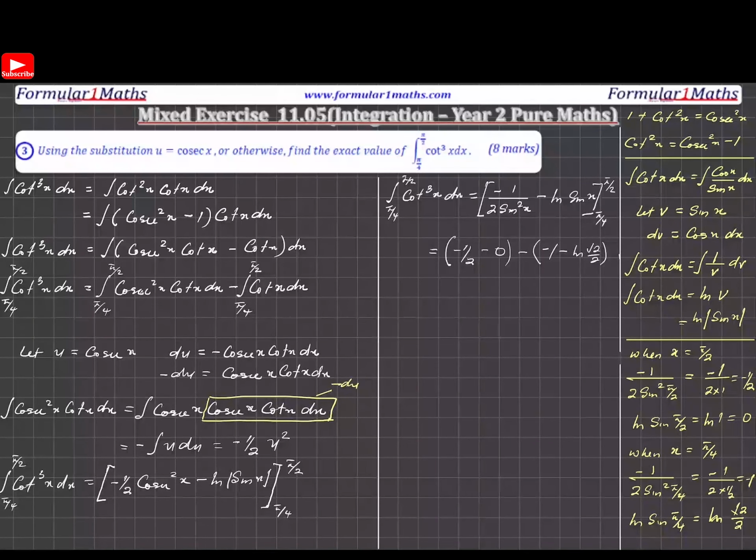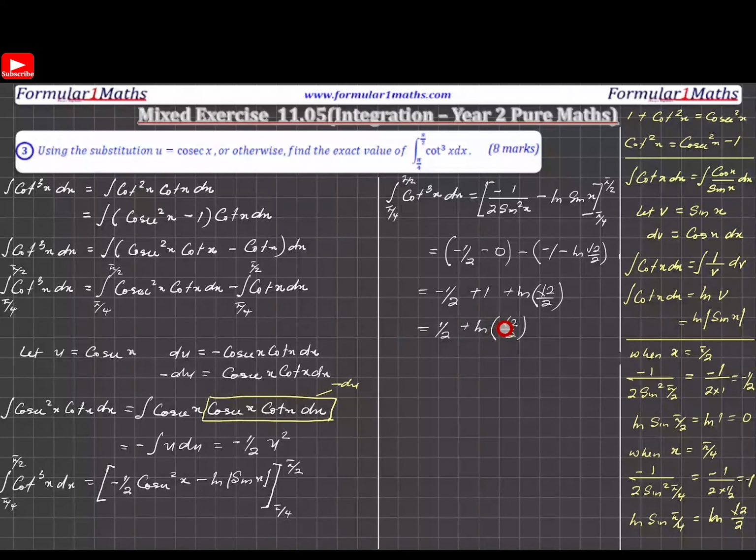So now I'm going to simplify that, and I'm going to get minus a half plus 1 plus ln root 2 on 2. Minus half plus 1 is a half, so I get a half plus ln root 2 on 2.